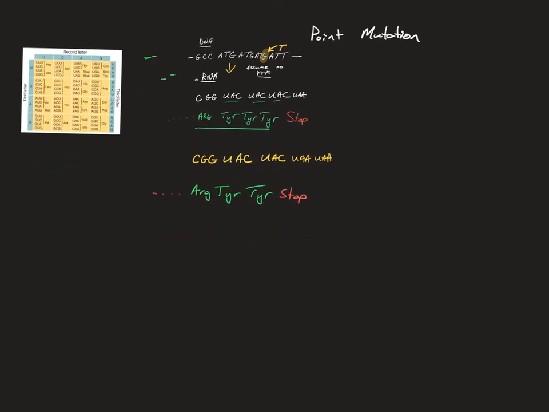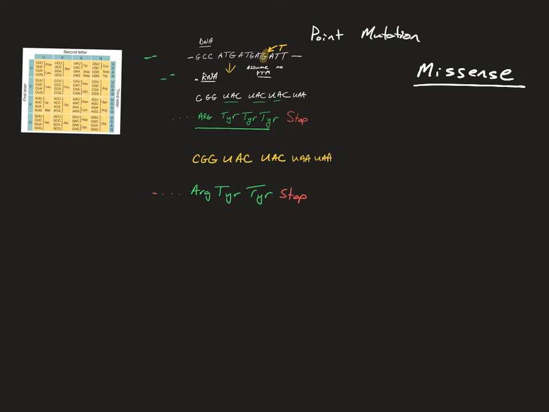You can get a missense, which means what? What do you think missense means? All right, so what does sense mean? Sense. You make no sense. Something that has meaning, right?